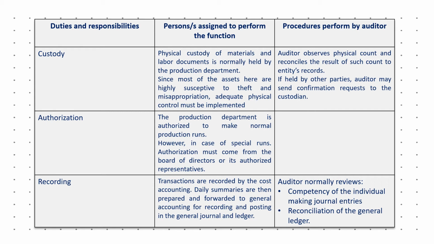To summarize all of the production and conversion cycle, we divided the duties and responsibilities as to the custody, authorization and recording. So take note that we are in the production and conversion cycle, wherein this department is responsible to convert raw materials into finished products or any goods and services na nandito sa cycle.